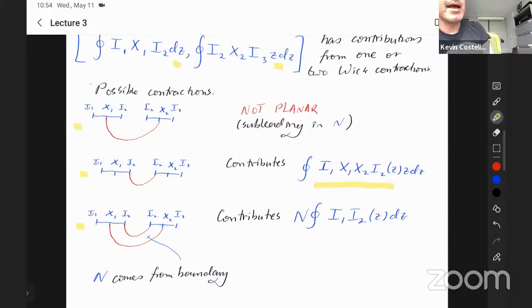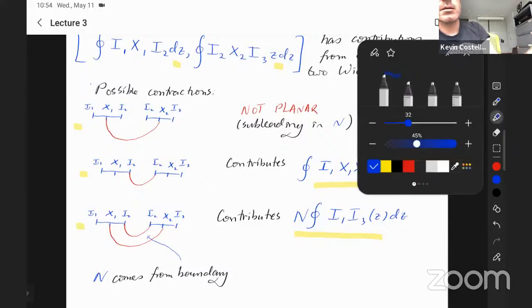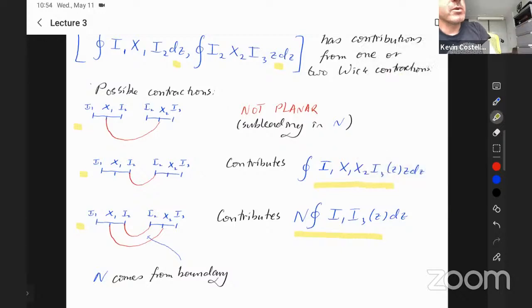And this will contribute something with an n, I1, I3. The reason for the n is, in the usual large N combinatorics, when I have a loop like this, it contributes a factor of n from the trace in that loop.